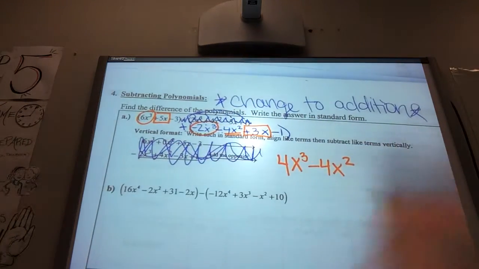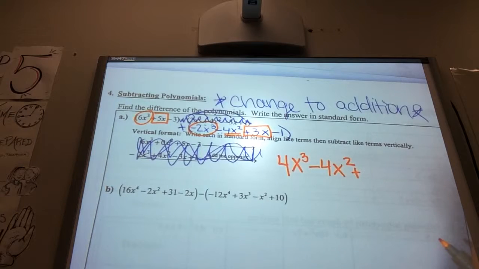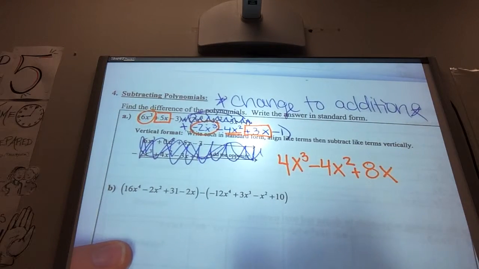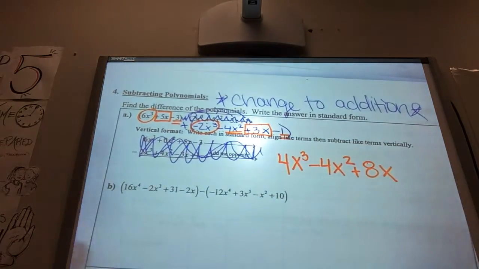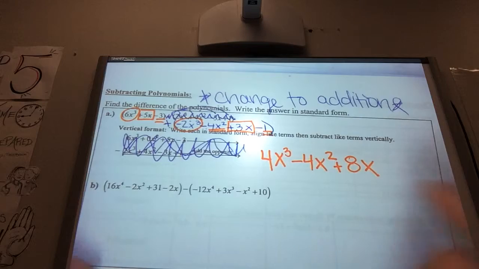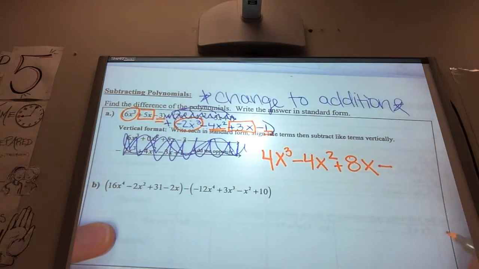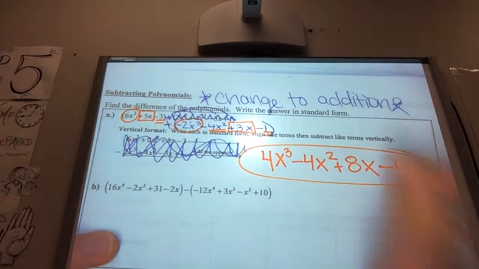How many x's do I have altogether? 5 plus 3 is 8. 8x. And then I have negative 3 and negative 1. And if I combine those, I have negative 4. And there's my answer.